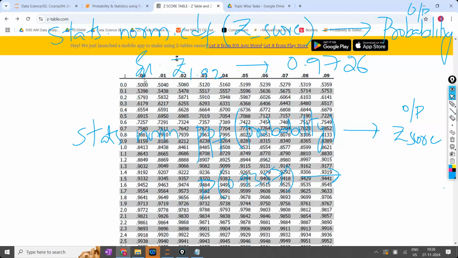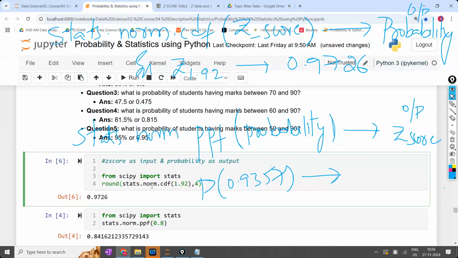See, this starting is 0, 0 is there. Why are you confusing? Starting you will forget 0, 0. First one you are considering as 1.51, 1.52, 1.53, like this you are going. Here after 1.5, this is not 1, 2, 3, but 0, 1, 2, 3. So 1.52, about 2 is there. Okay, 0.9357, what is the z-score? 1.52. So let us cross check.